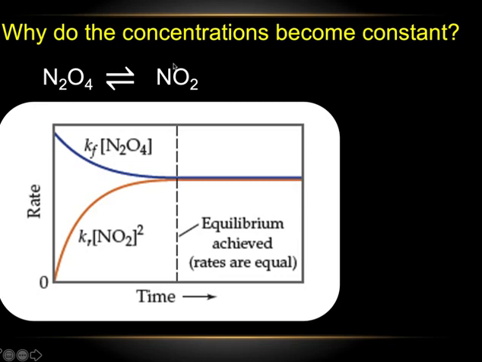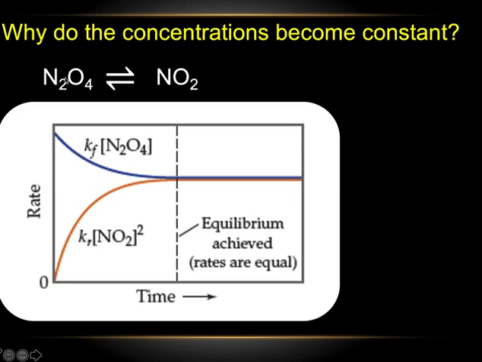On the other hand, since to begin with there was no NO2, there was no rate of the reverse reaction, because NO2 could not react to give N2O4. So with time, when the forward reaction went on, some molecules of NO2 were formed, so they could react together to give back N2O4, and this rate started increasing. As more and more NO2 was formed, this reaction became faster and faster.